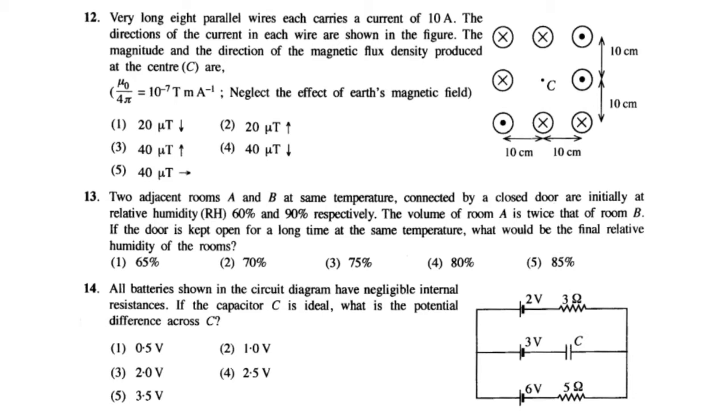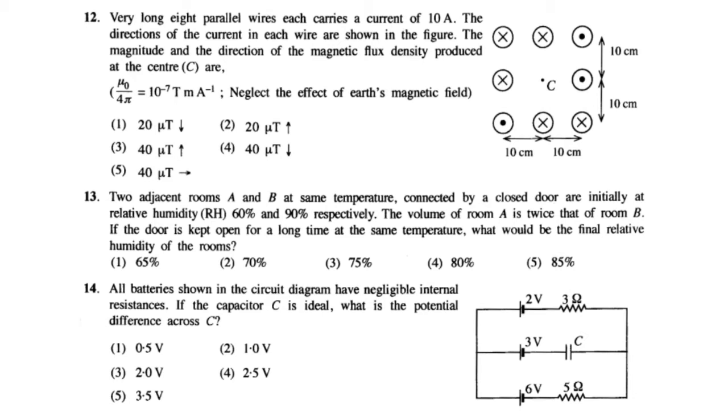Now we have to check for the magnitude. The magnitude of the magnetic flux density produced at distance d from the wire is given by mu naught I divided by 2 pi d.